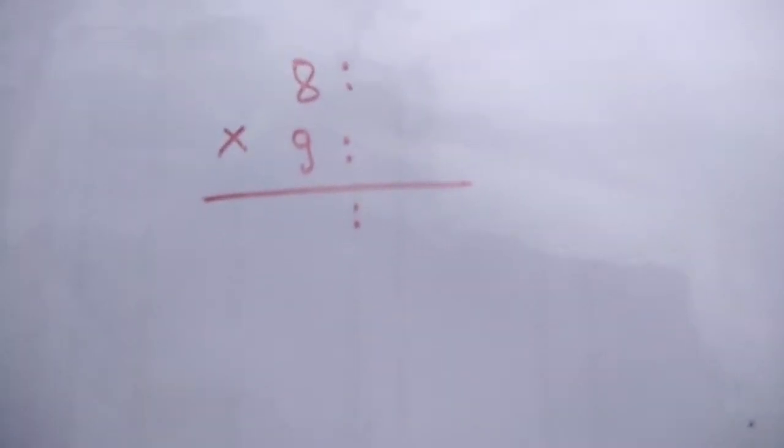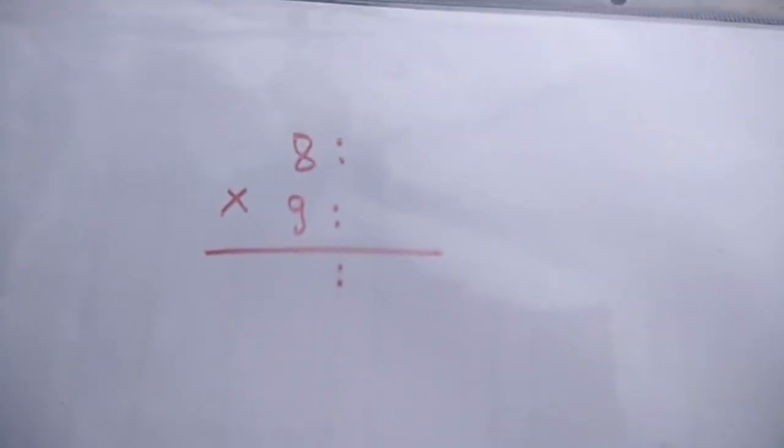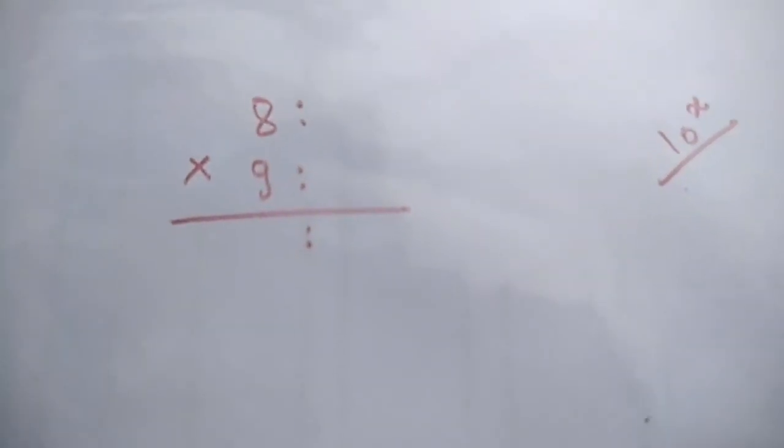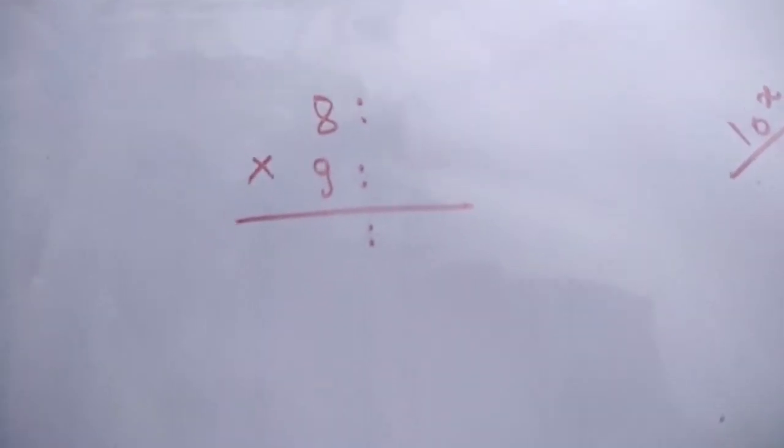As we know in mathematics, the base 10 is very important. We use multiples of 10 as a base. As a base we can use 10 raised to x, that is 10, 100, 1000, 10,000, 1 lakh, whatever you want to take.